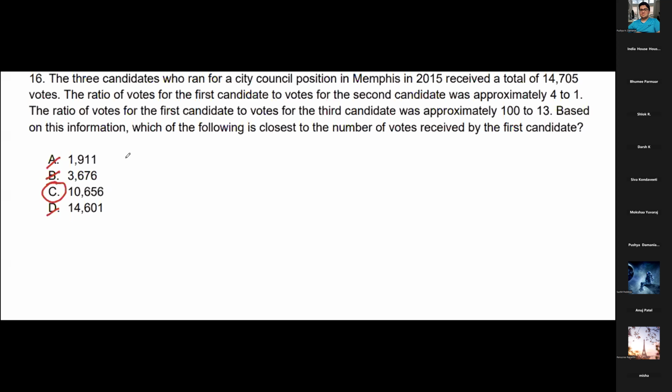And so when you add up all those three numbers, you wouldn't reach 14,705. You can also test it that way by taking the answer choice and dividing it by 4, and then dividing it by 0.13, and then adding all those three numbers together and seeing if the total is equal to 14,705. You can also do it that way.